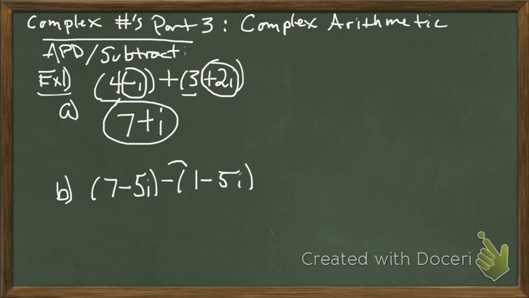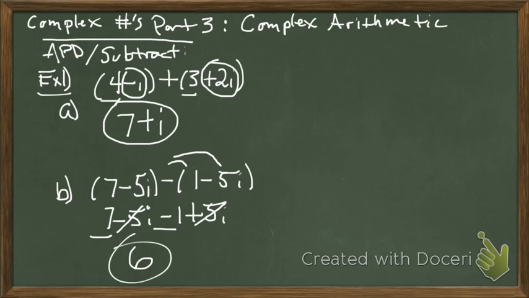Before I do that, I'm going to distribute the negative to that binomial. So I have 7 minus 5i, and I have negative 1, and then that negative 1 times the negative 5i is going to really be plus 5i. If you add the like terms up, 7 minus 1 makes 6, and negative 5i plus 5i cancel out, so this actually turns out to be the number 6.